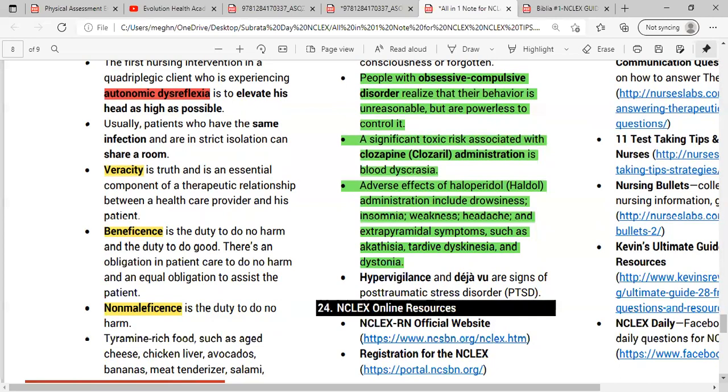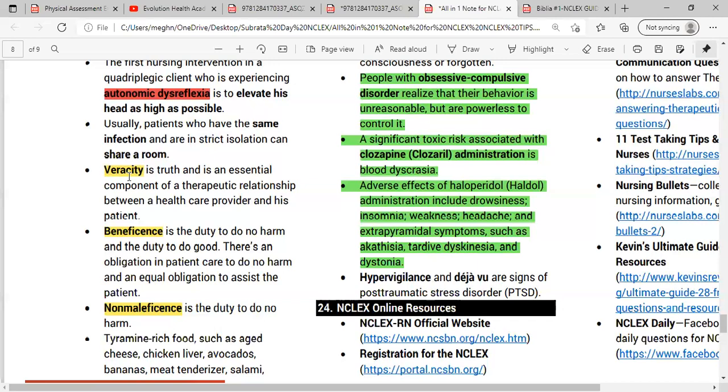It is more common in people with spinal cord injury at the T6 level or above. The first intervention is to elevate the head as high as possible. When we take care of them, it is important to know this.